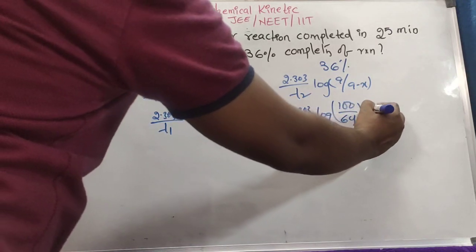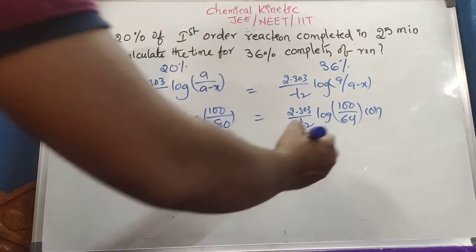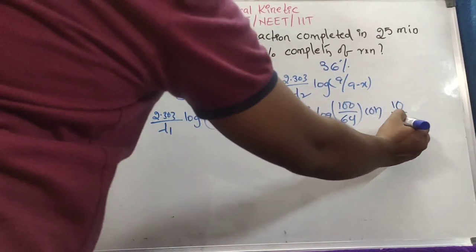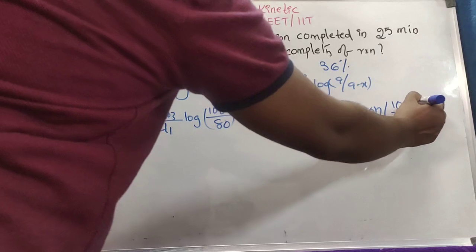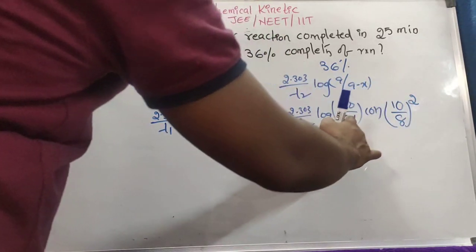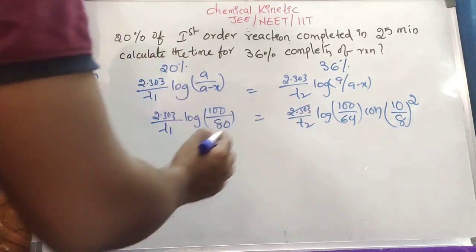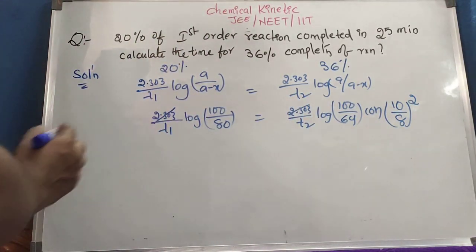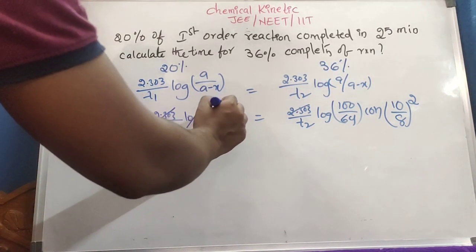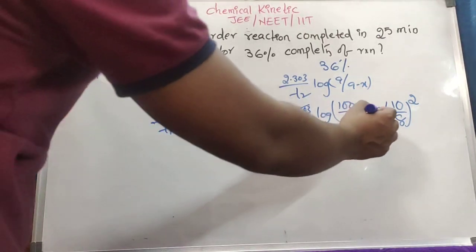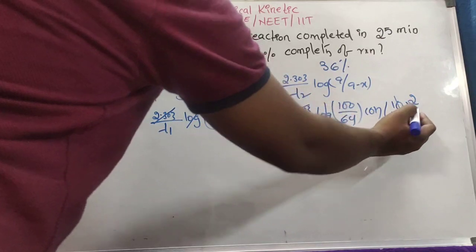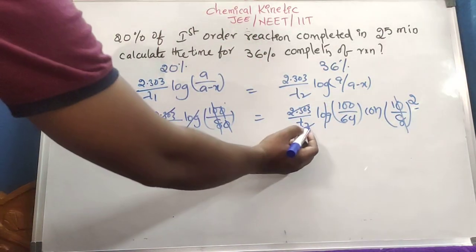So 100 means 10 square, and 64 means 8 square. So 10 by 8 whole to the power of 2. 10 square means 100, 8 square means 64. So 2.303 and 2.303 get cancelled, and log 10 by 8 and log 10 by 8 get cancelled. Remaining are 1 by t1 equals 2 by t2.